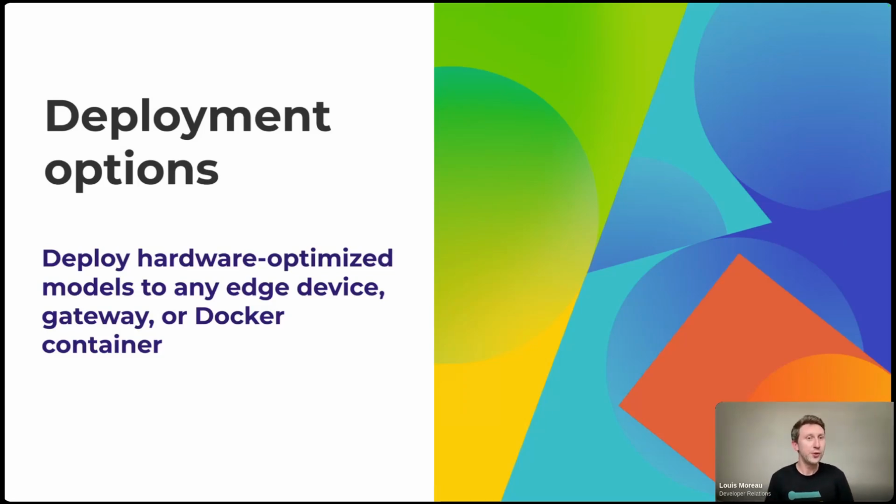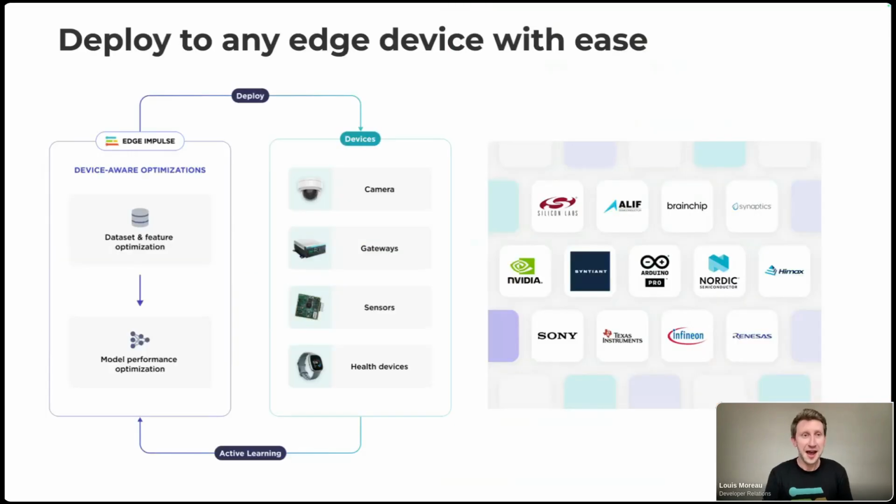So you might want to deploy your edge AI models on gateways, on Linux-based small edge inference servers. You might want to just deploy them on tiny MCUs, on MCUs with some AI accelerator. And I don't think I'm mistaken if I'm saying that we are the platform that integrates with as many silicon vendors.